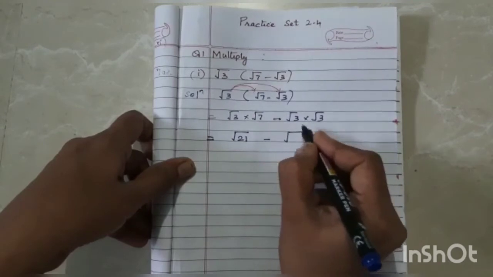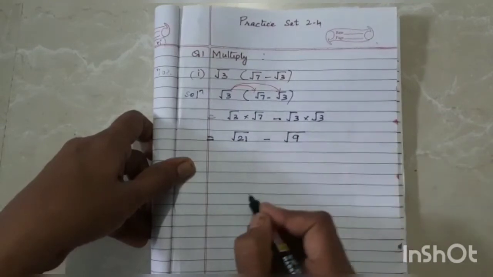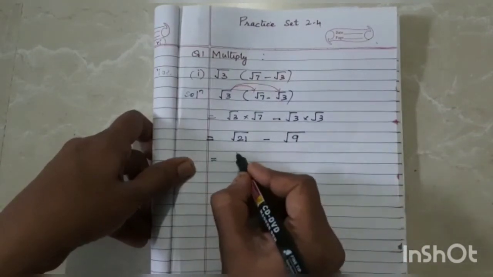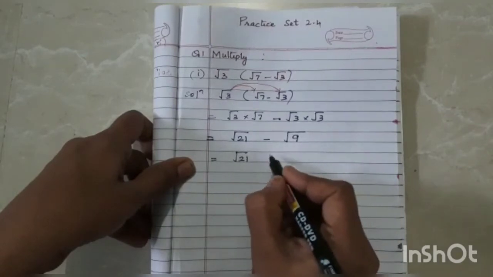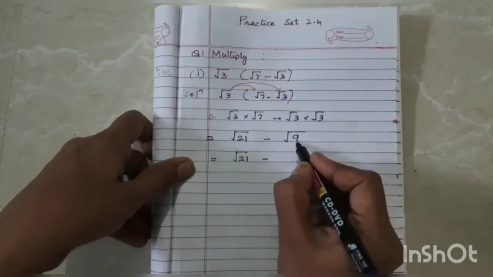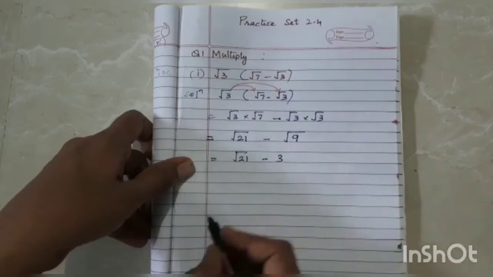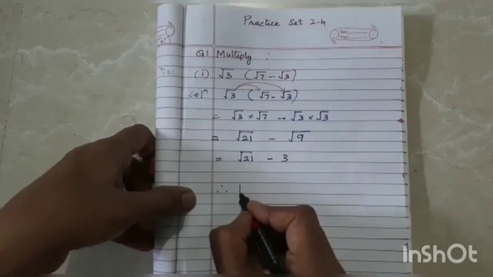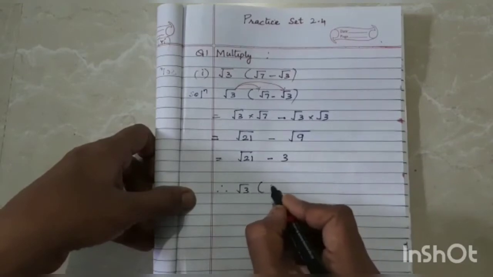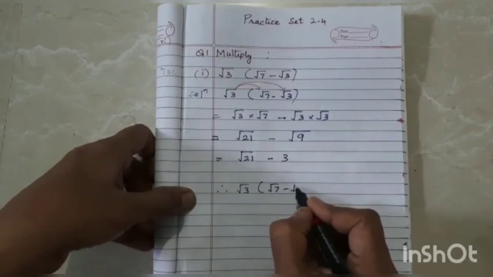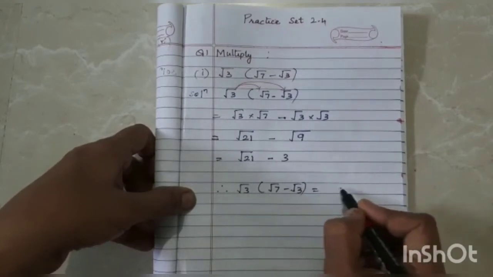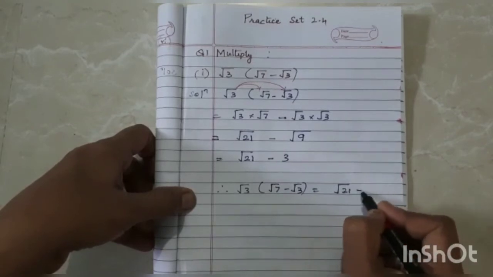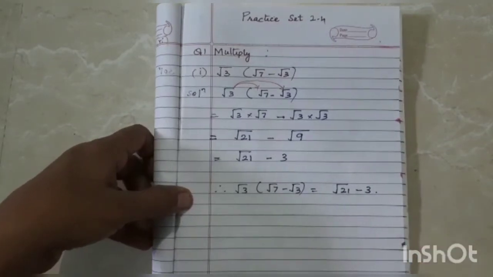Minus root 3 into root 3 is root 9. So we get root 21 as it is minus the value of root 9, which is 3. So this is our final answer. Therefore, root 3 multiplied by root 7 minus root 3 is equal to root 21 minus 3.